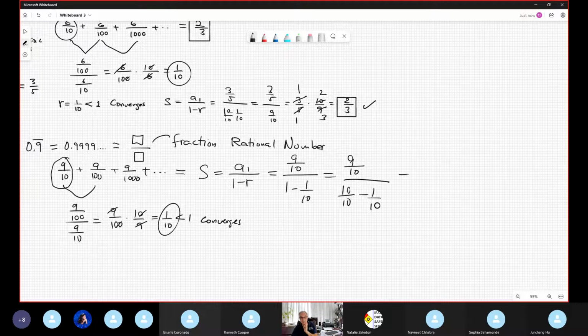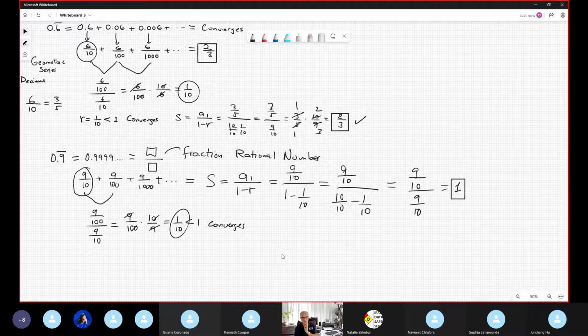So 9 over 10 divided by itself is 1. Does this make sense? A decimal that contains infinite 9s is very, very close to 1. Yes or no? If it's infinite 9s, it's not close, it's equal to 1.